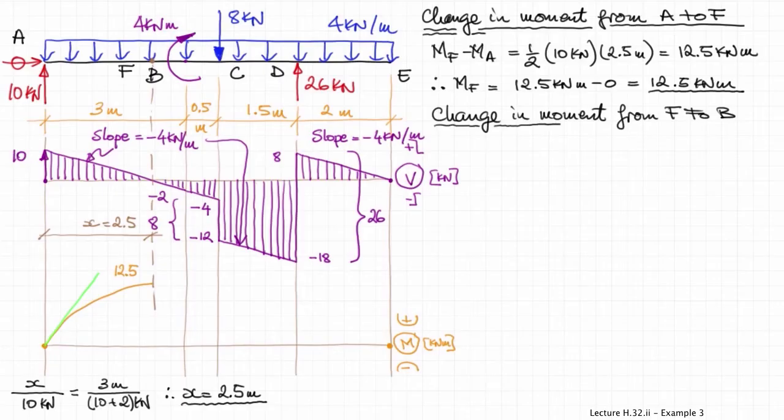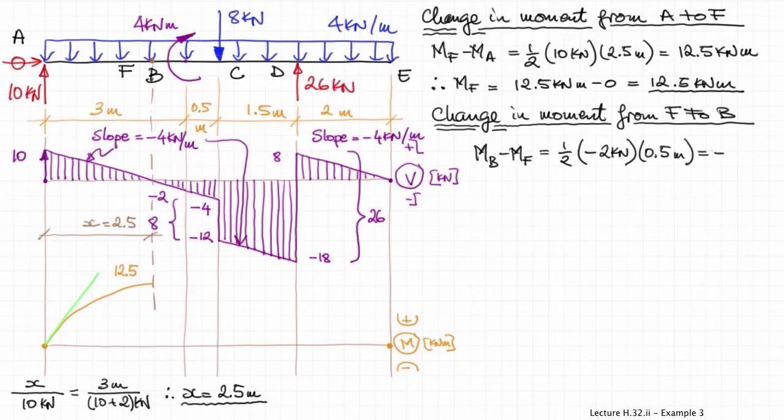the bending moment, by determining the change in the bending moment from F to B. Again, this is equal to the area under the shear force diagram between F and B. So therefore the moment at B will be equal to 12 kilonewton meters. So slightly smaller.